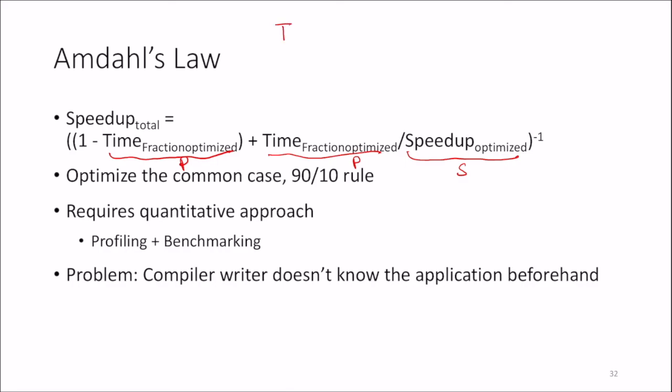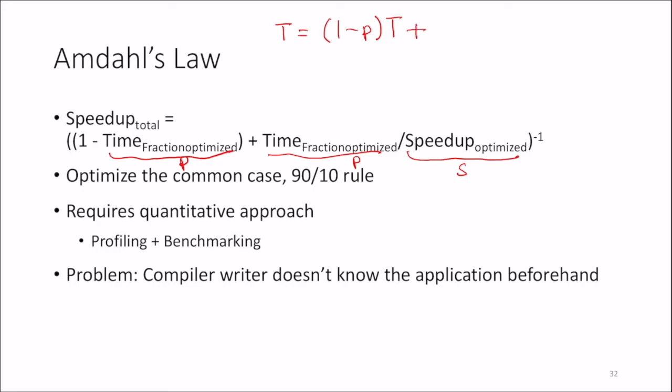This equation is derived in a very simple way. So let's take the total time. P is a percentage of your program, divided by 100, so it's always between 0 and 1. The part that is not optimized is 1 minus P of the total time.